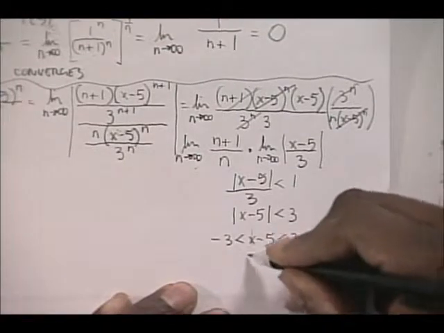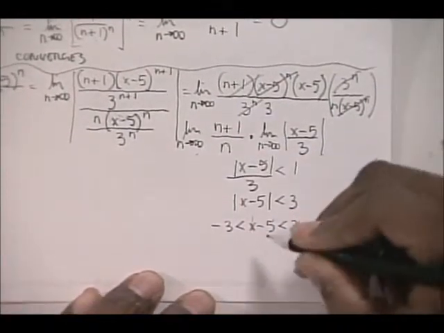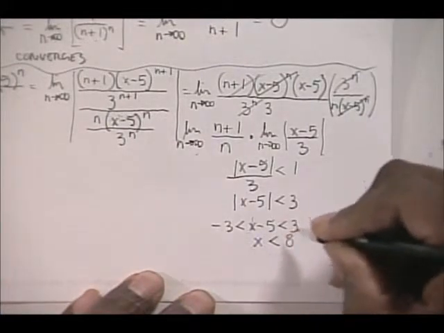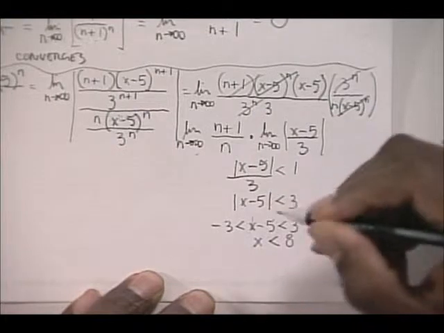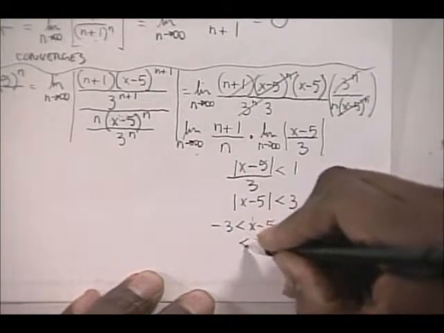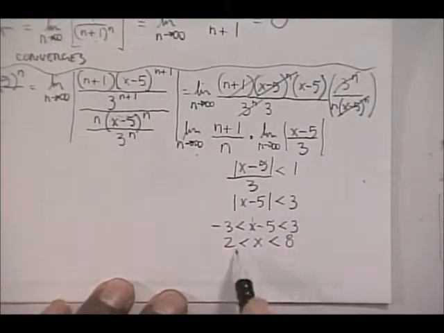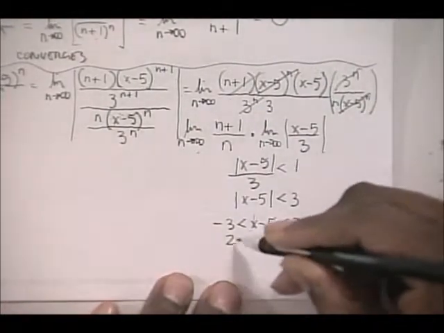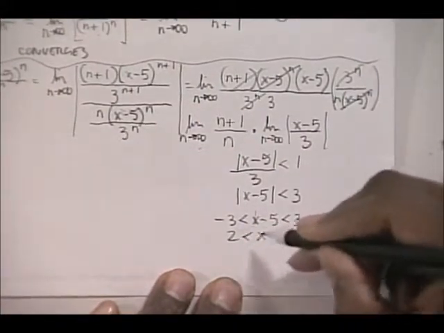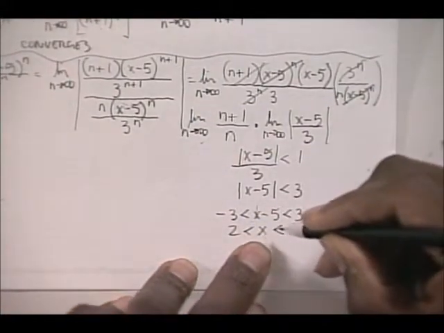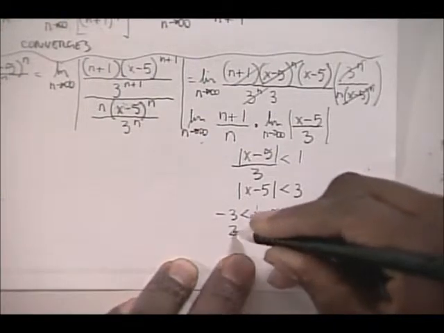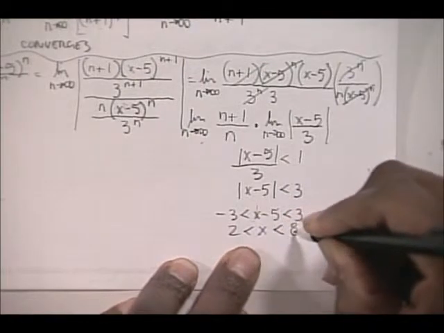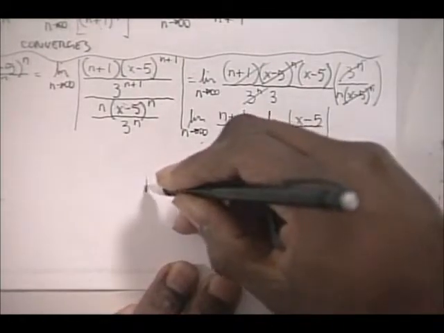Adding 5 to all sides, x is between 2 and 8. This is the interval of convergence. The middle of 2 and 8 is 5, so the radius of convergence is 3.